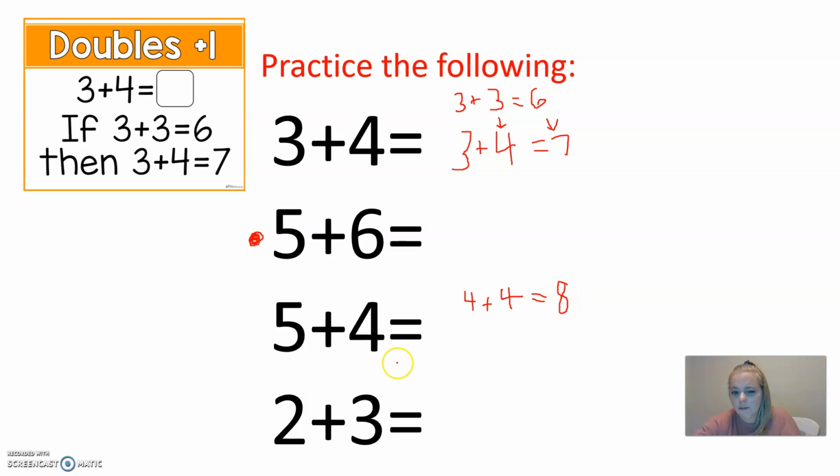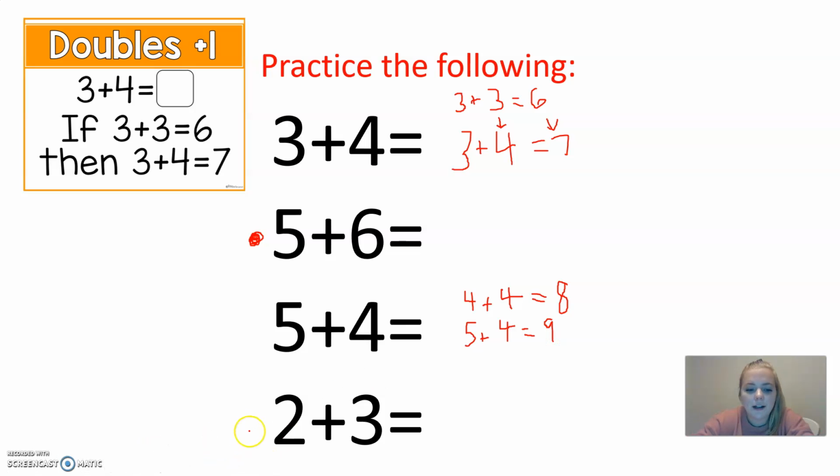But is my problem 4 plus 4? No, it's 5 plus 4. So I know to change this 4 to this 5, I just need to add 1, because 5 is 1 more than 4. So I just need to add 1 to the answer. So 5 plus 4 would be 9.